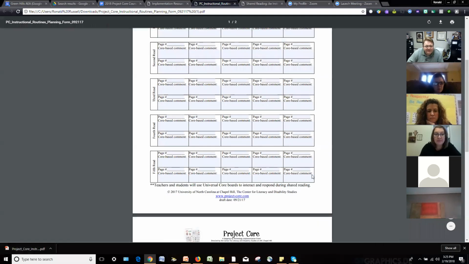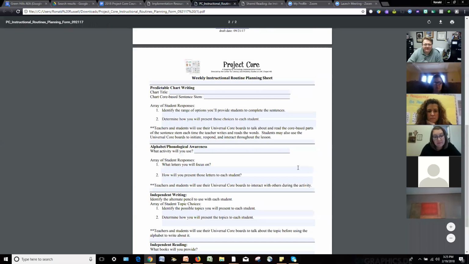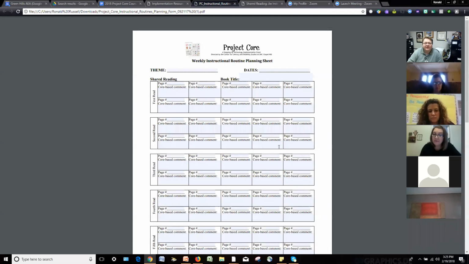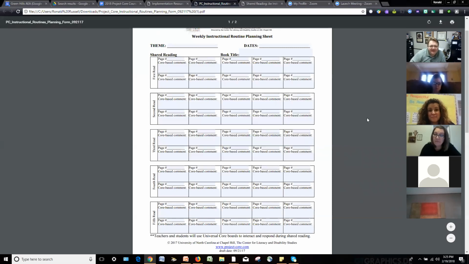That is just very simple, and there's one for other areas we'll talk about later. We haven't talked about these other areas yet, but there's just a form that you could use for planning. For shared reading, what we're talking about right now, you can see a form like this would be useful to you. They gave the example that you could use simple sticky notes on a book for some planned comments to help you with that. But just something like this, even what's my theme, what dates, or what's the book I'm working with.